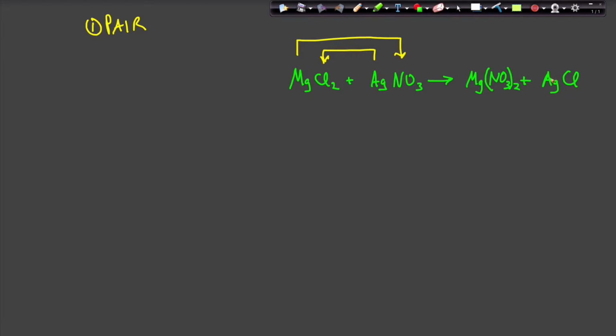And how about this material here? Silver is +1, chloride is -1, and so that is now charge neutral. So the second step is therefore, once you pair the materials, you make sure that each pairing that you've had is charge neutral.